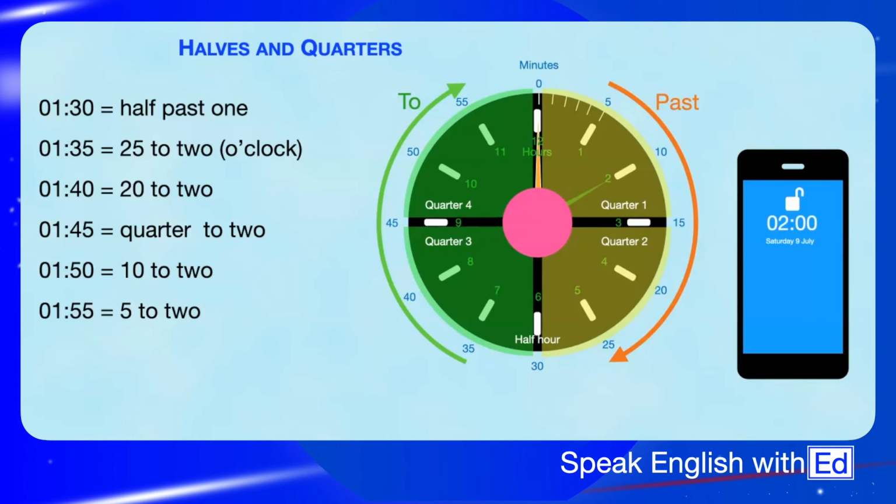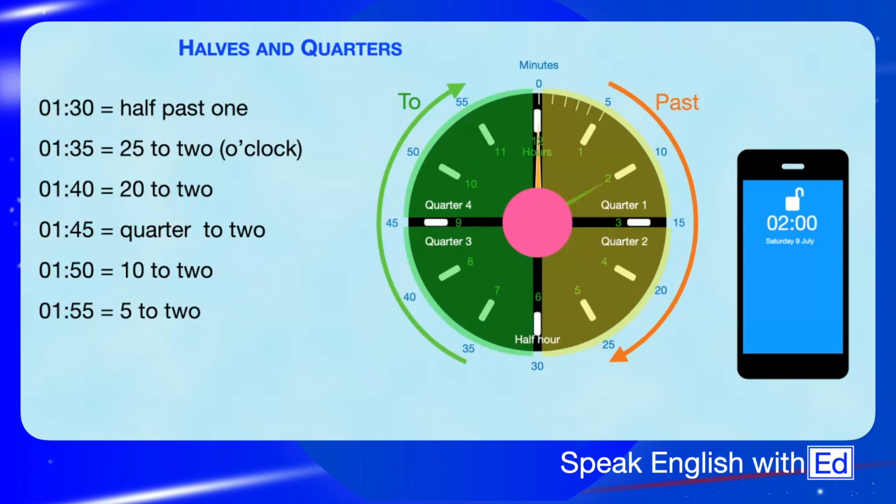So that's how you tell the time in English. It's 5 past, 10 past, a quarter past, 20 past, 25 past, half past, 25 to, 20 to, quarter to, 10 to, 5 to, and on the hour. I know it's very complicated if you're not used to it. If you're only used to telling digital time, then it can be complicated.